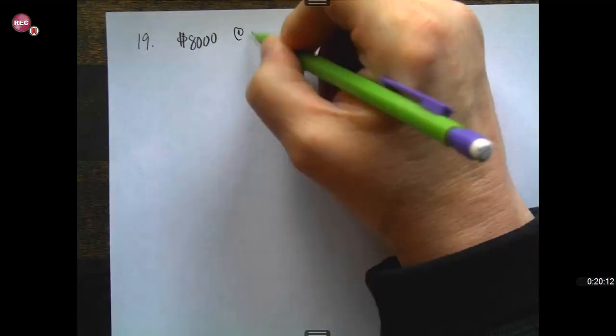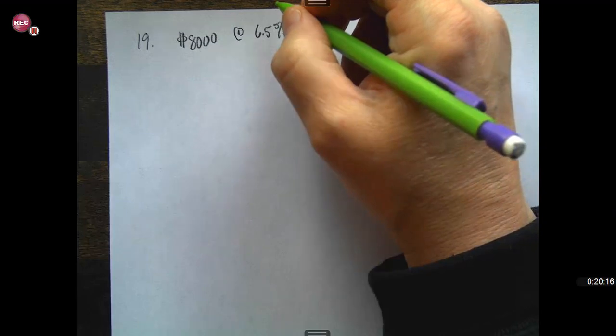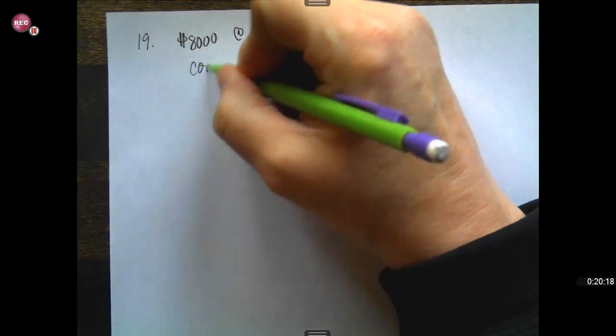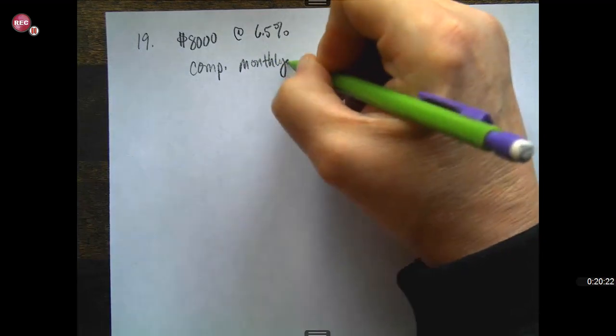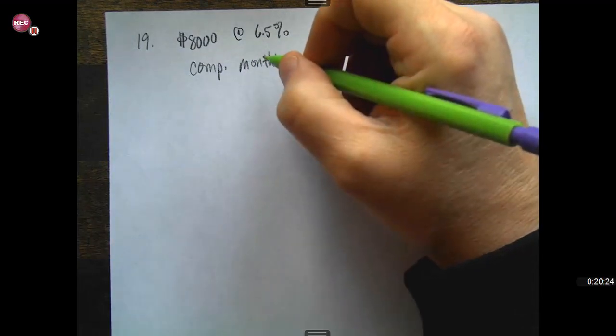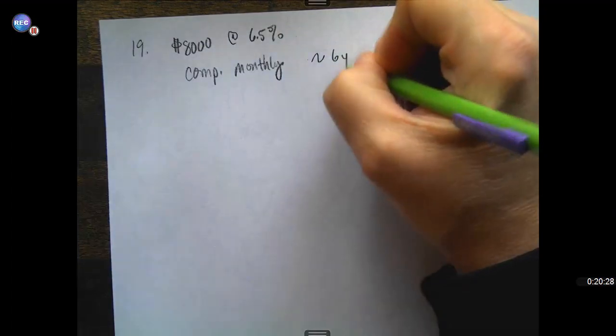And number 19, I guess is what we're on. If you invest $8,000 at 6.5% annual interest compounded monthly. How much will we have after 6 years?